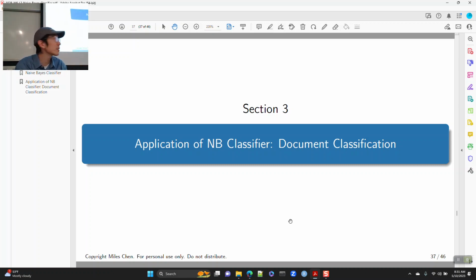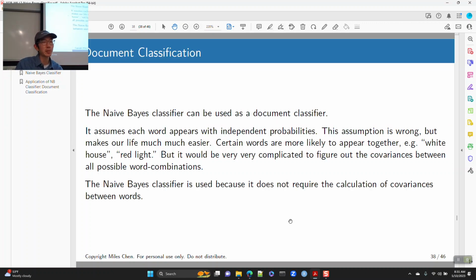Here's, I thought, a fun application. Fun is always debatable, but the naive Bayes classifier can be used for more complicated applications. For example, you can create a document classifier using the words that are spotted in a document.